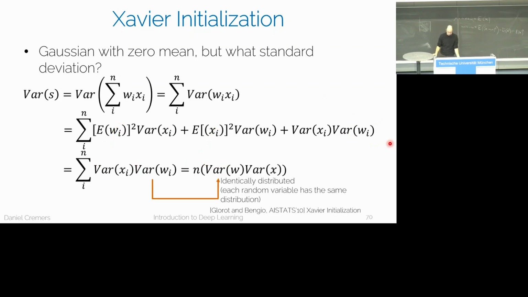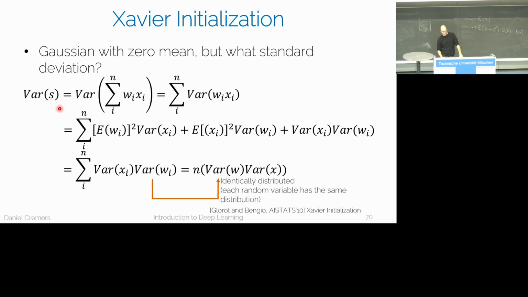Now we can assume that all the weights are identically distributed across the whole sum, and the same for x. So the sum is just n times the variance of w times the variance of x. That is not really surprising, right?